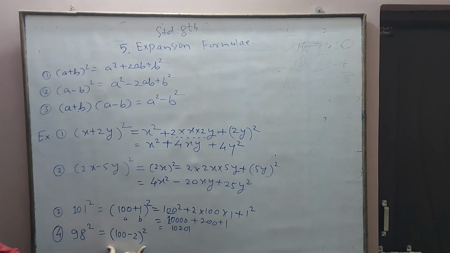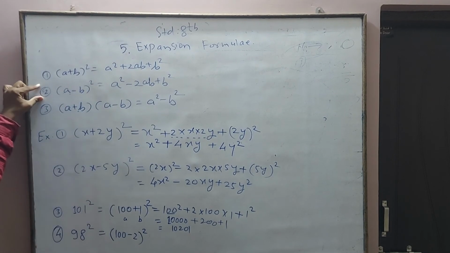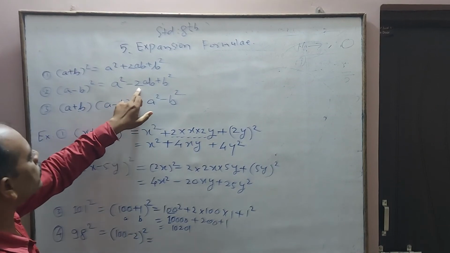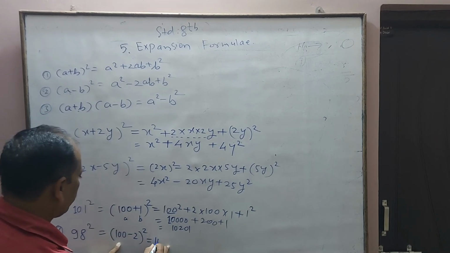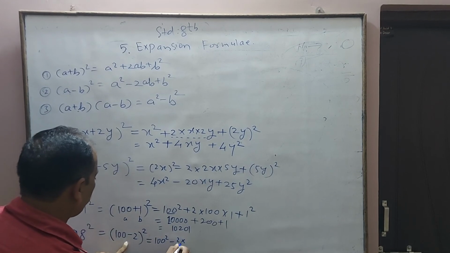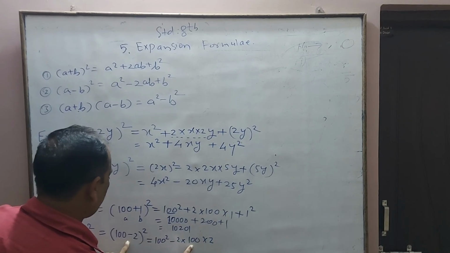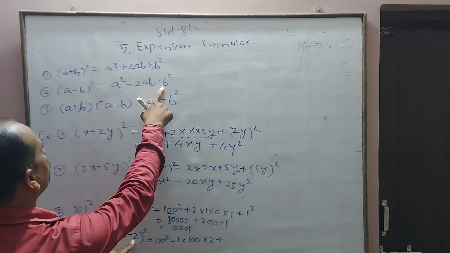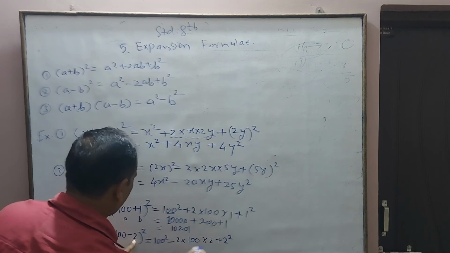Now again there is subtraction of two numbers and its square is there. Again see here, subtraction of two numbers, a minus b, and its square, this formula will be applicable for this. And what is that formula? The formula is a square minus twice ab plus b square, that means a square means first term square, 100 square, minus 2 into first term 100 into second term 2, plus b square means second term square, 2 square.